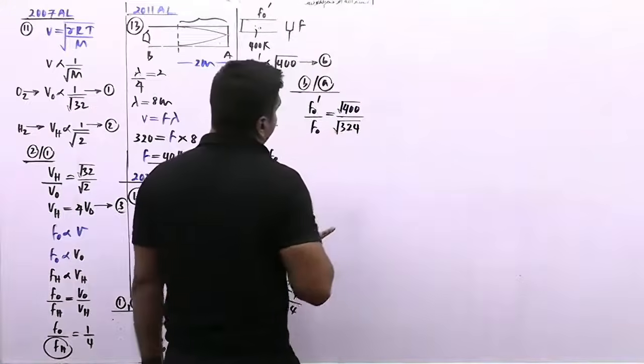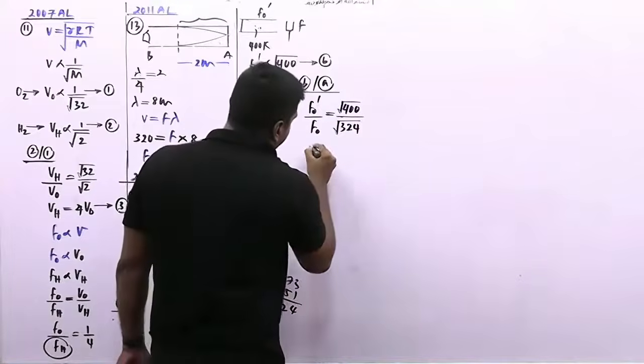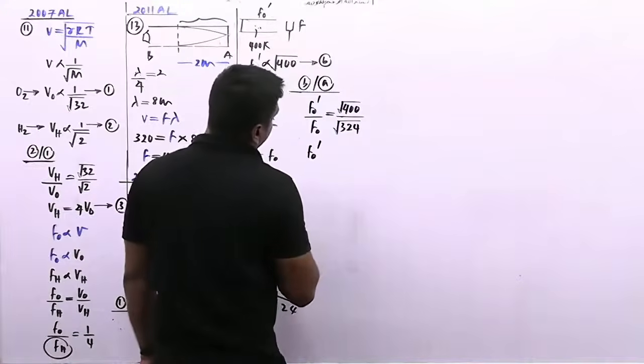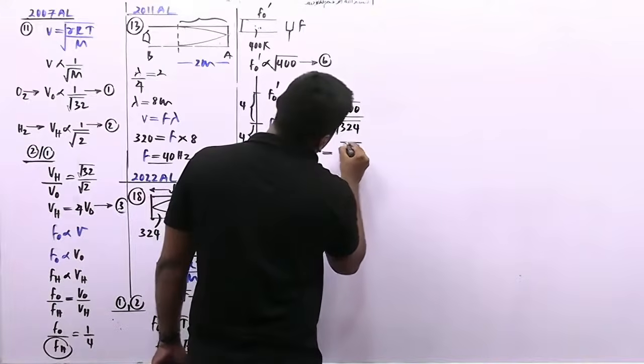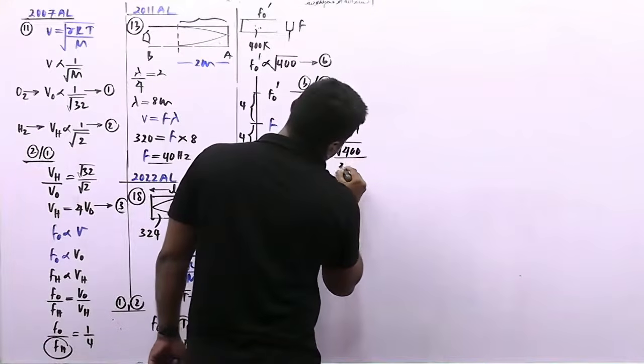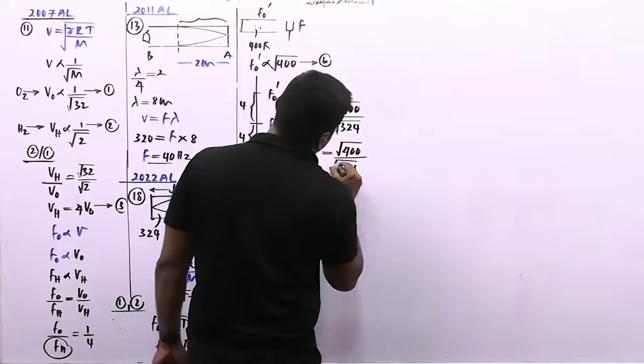Therefore, F naught dash must be equal to root 400 over root 324 times F naught.